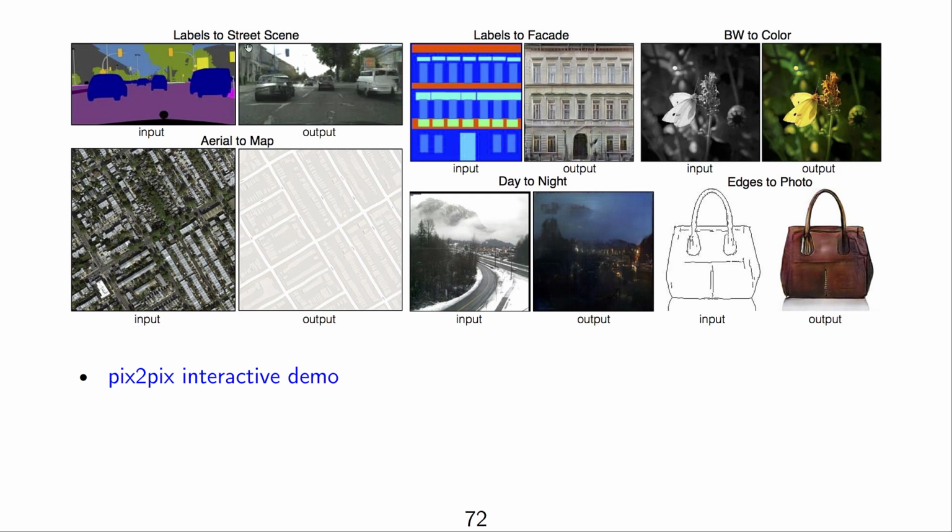Here we see the examples. There's one data set for the segmentation of street view scenes, and this is popular for training these segmentation to color image translation networks. And on the top left you see one such example.